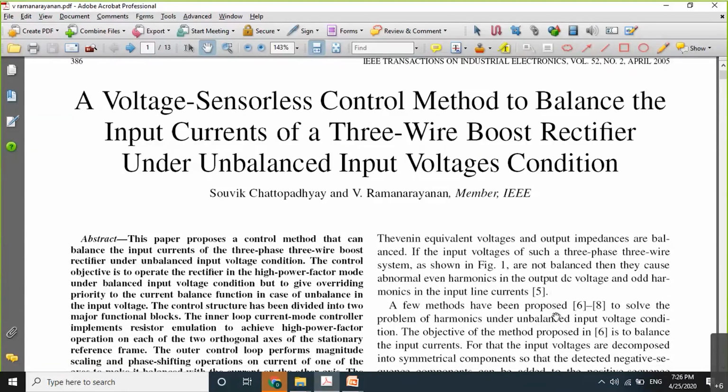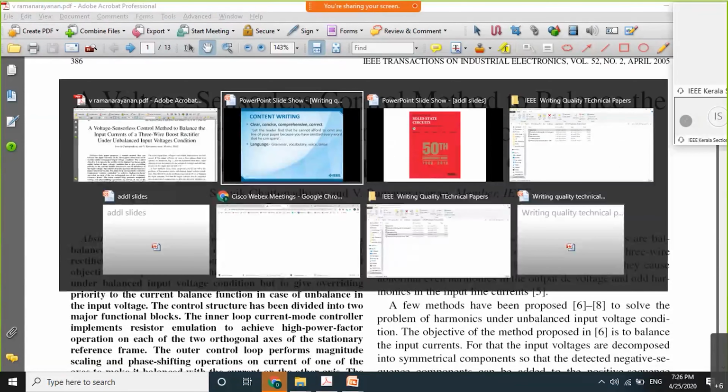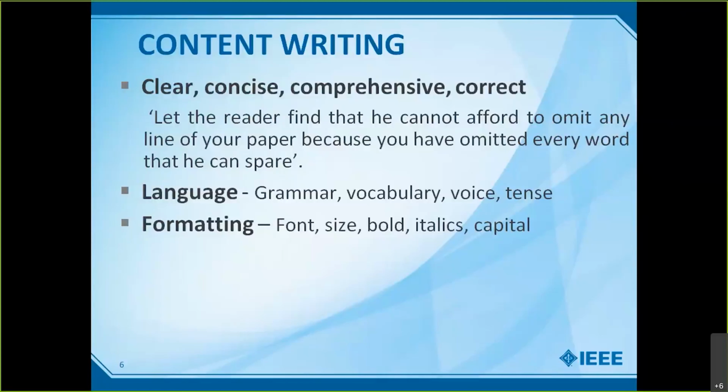Next very important thing is the formatting. I said that there are some scientific issues. It's not the science and technology, but the rules to be followed. Every journal has its own formatting. What should be the font size? We cannot decide. The journal has already prescribed a font size.